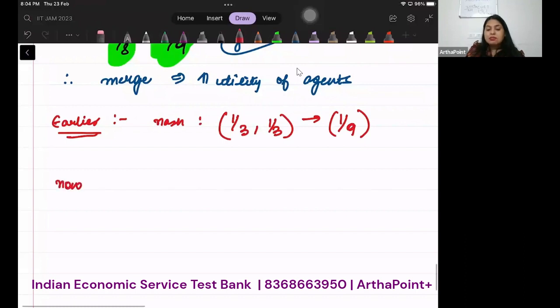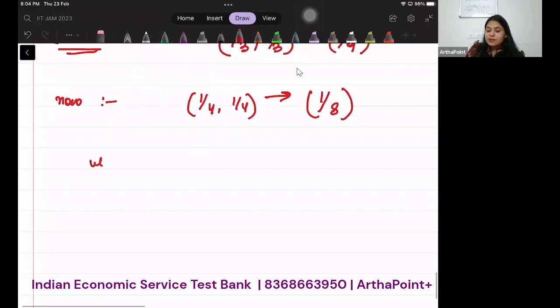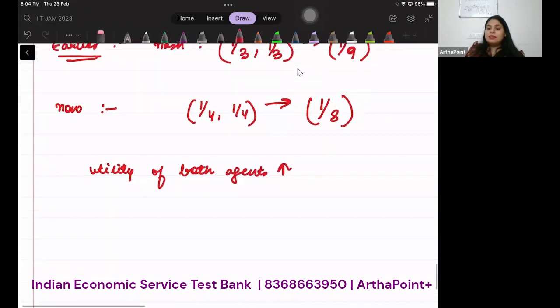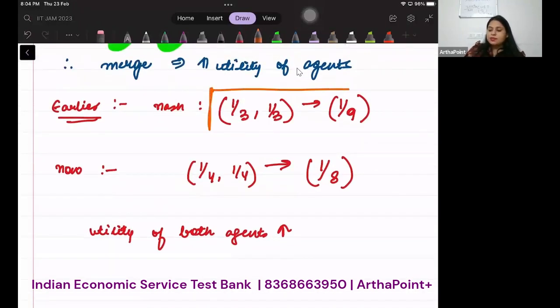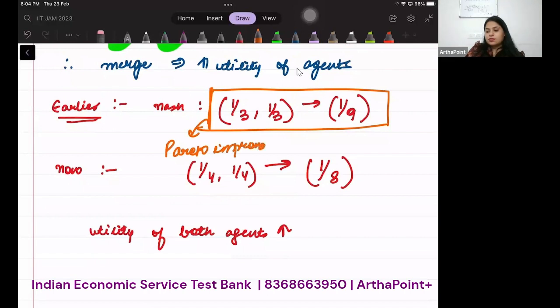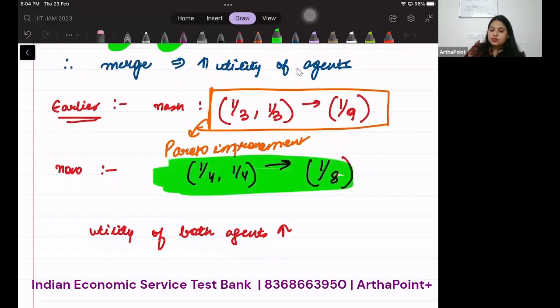Now, when they merge, each agent has to put in 1/4 of the effort and the utility is 1/8. So the utility of both agents is increasing. It means that this outcome is a Pareto improvement; we are able to improve upon the earlier one. And this outcome is Pareto efficient.